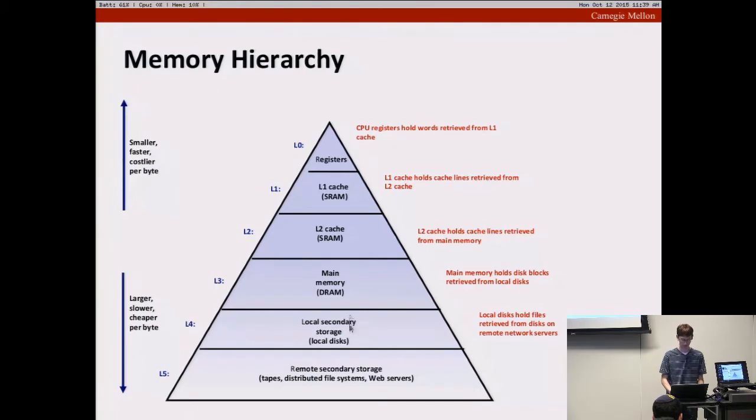And then there's stuff even below the level of hard disk, like if you're accessing a web page, then you have to go over the network connection. That's even slower than hard disk, but of course, the number of bytes you can access through the internet is significantly larger than the number you can store on your hard disk. So it forms this pyramid, each level getting from the next.